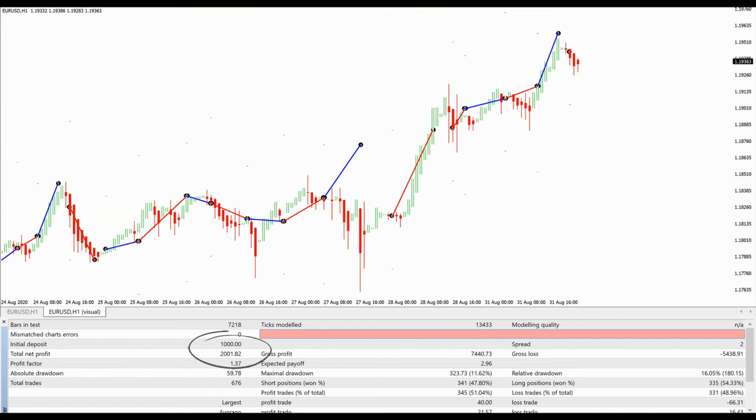This is the result after trading 1 year with optimized values. Now you can see how reliable this candlestick chart is.